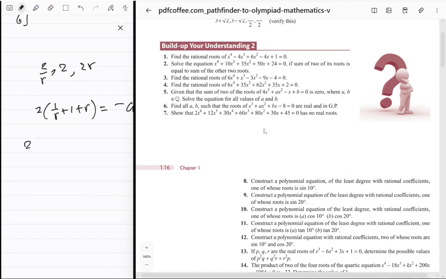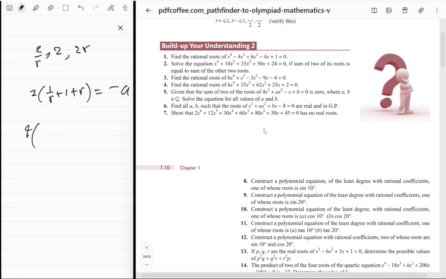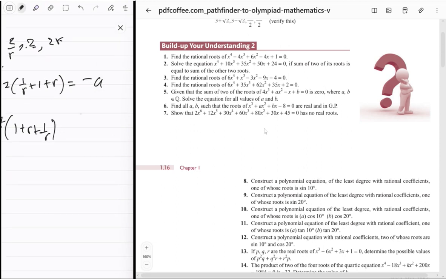And then you've got 2 times the combined products. Oh, it's like 4 actually. So 4 times 1 plus r plus 1 upon r once again. That is equal to b, right? Oh, sorry, yes, it is b.